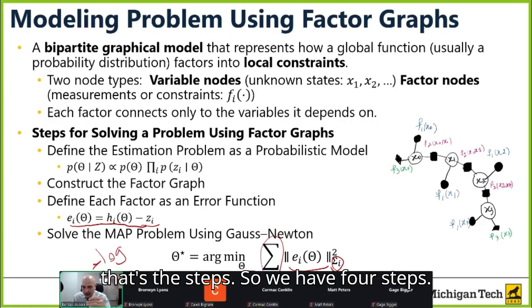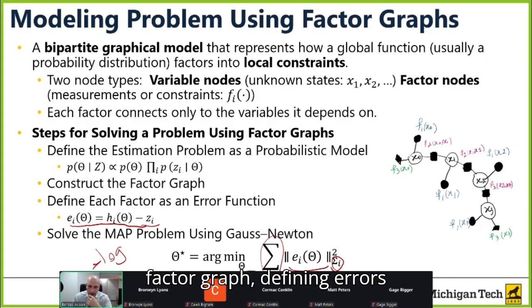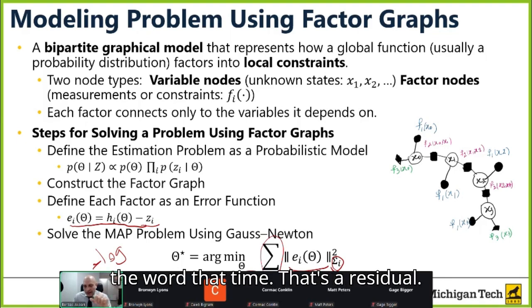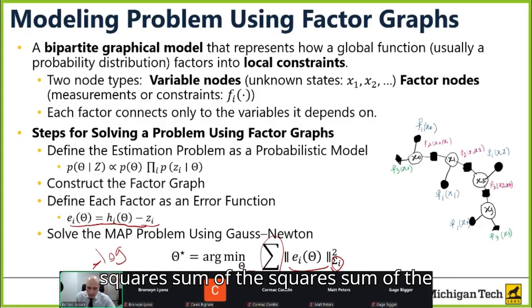Okay, so that's the steps. We have 4 steps: defining the problem as a probabilistic model, constructing the factor graph, and defining errors, or residuals. After the residual, we can write all the problems as one sum of squares.